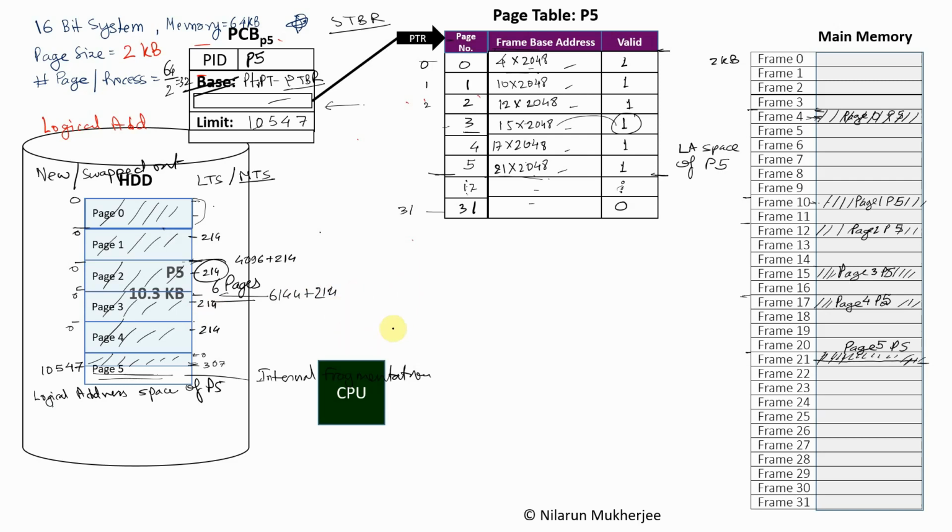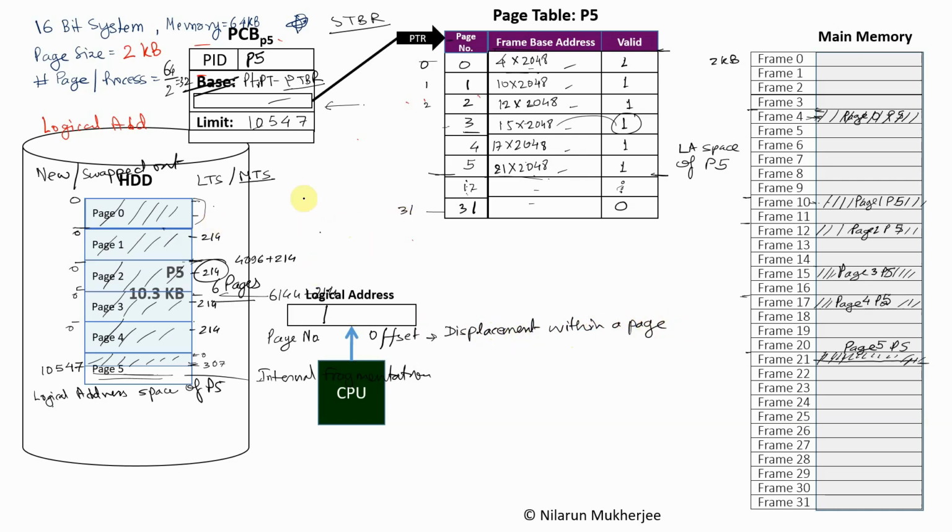So the logical address, whatever is generated by the CPU, will have two parts. First part will be the page number. Second one will be the offset. What is offset? It is the displacement within a page.